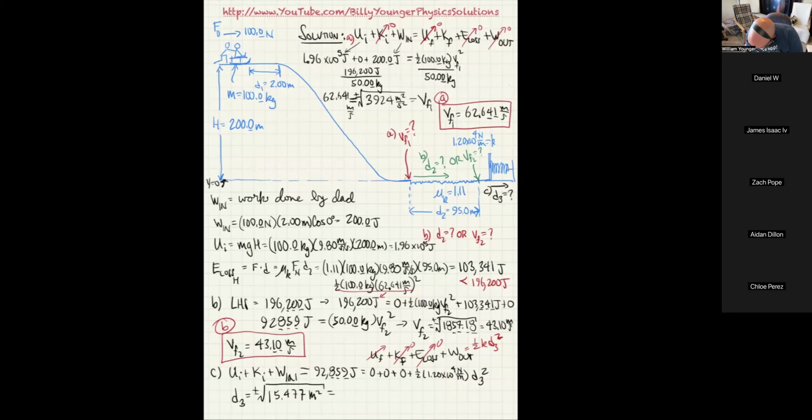And of course, when we take the square root of that, that becomes, ooh, that did not work. So 15.4765 raised to the 0.5 power gives me 3.934 meters. So that means the little Mr. Younger fat kid on the sled will compress the spring by about 3.93 meters.